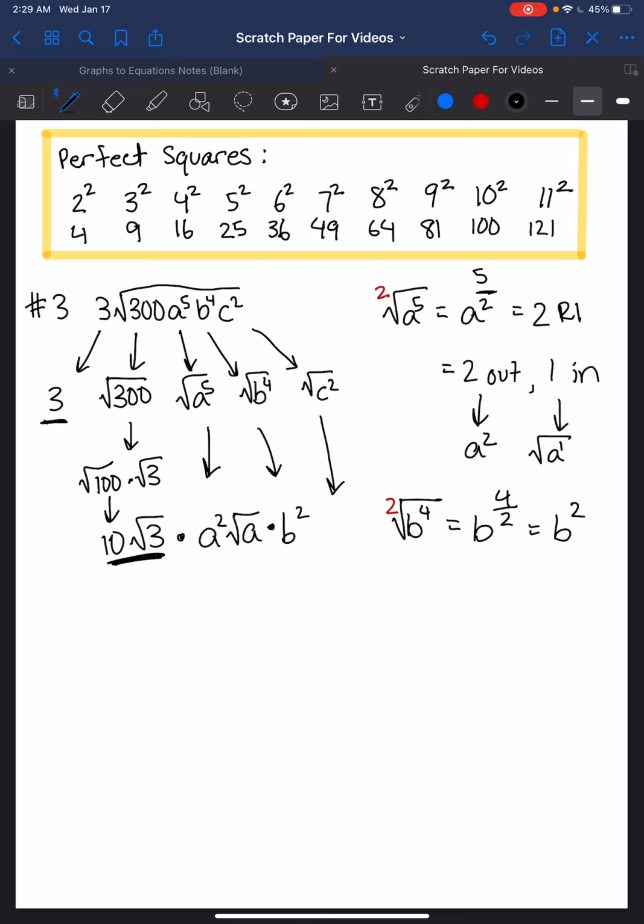C squared, last one. Write it in the exponent form. Fraction, in over out, 2 over 2. C to the first, which is just c. All right, I'm going to bring this 3 down here.